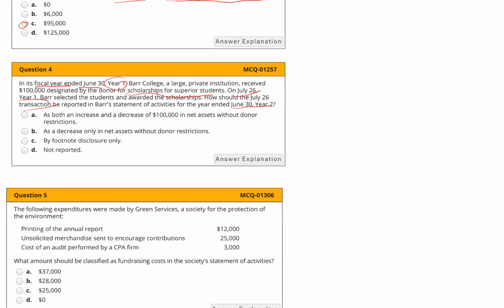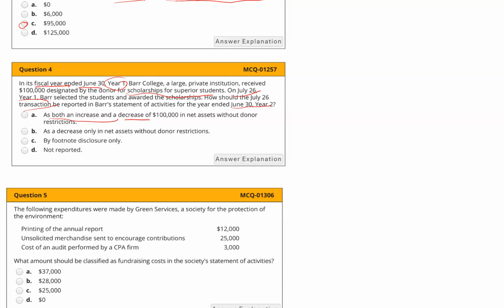So before awarding the scholarships, they will release or transfer that amount from with donor restrictions to without donor restrictions, and then they will spend it. First, they will release it from with restrictions to without restrictions. So there will be an increase in net assets without restrictions.